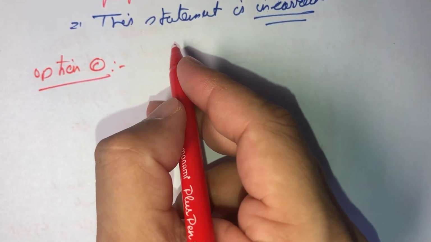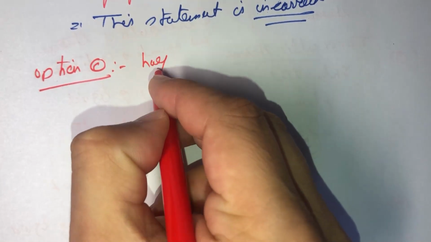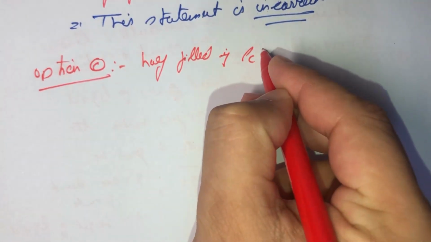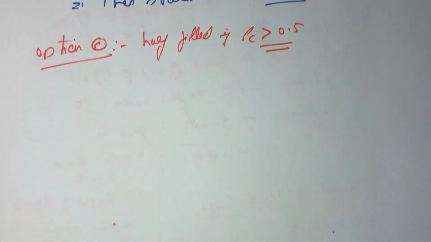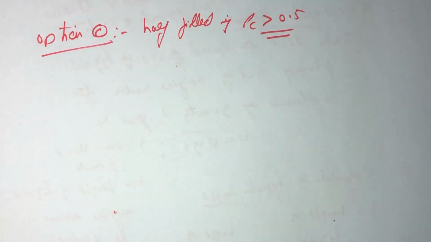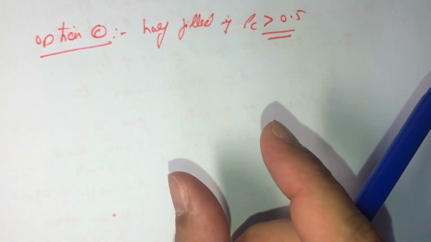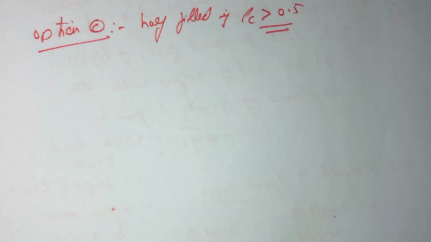Now let us check option C. It says half filled if rho C is more than 0.5. So once again, if rho C is more than 0.5, the material is denser than water, but at a marginal value.